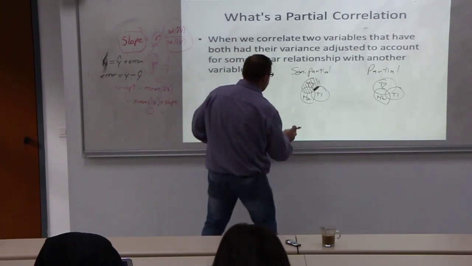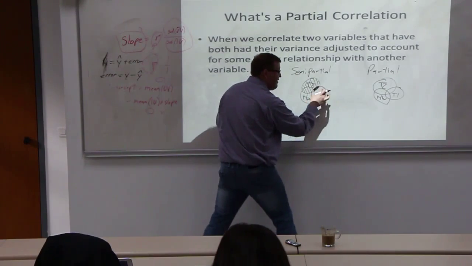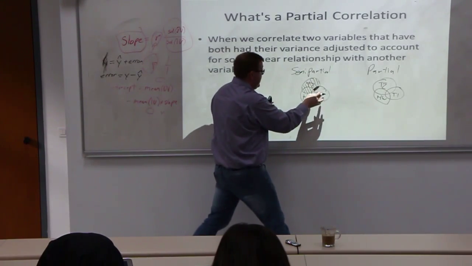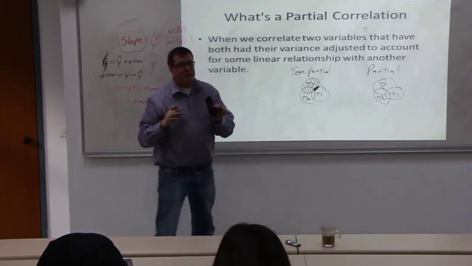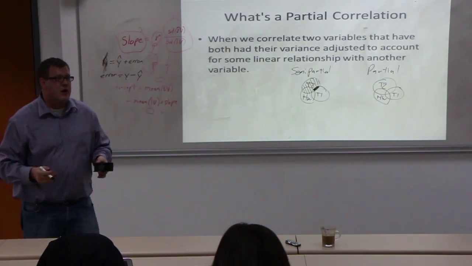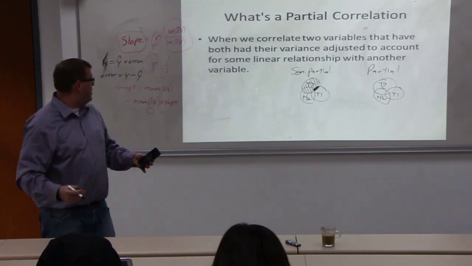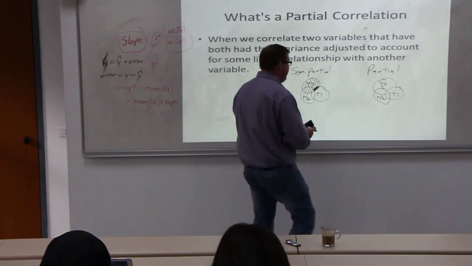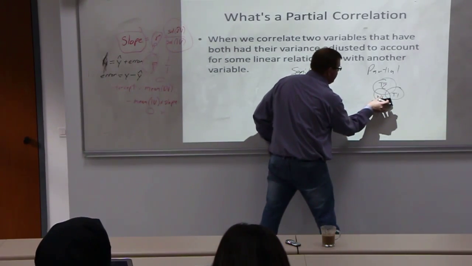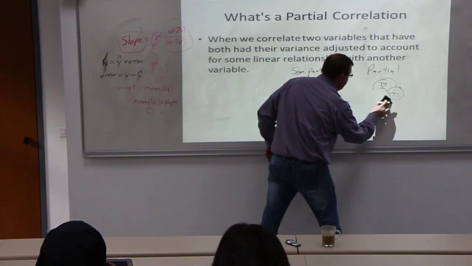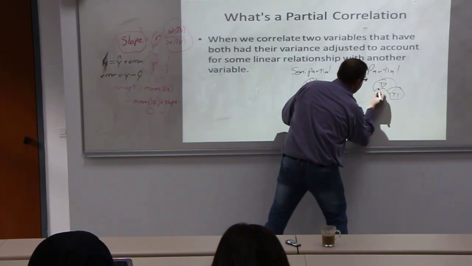We only partialed out homework from T1. Here, with the full partial, we're going to pull out homework from everything. So basically, it's like getting rid of all of that.